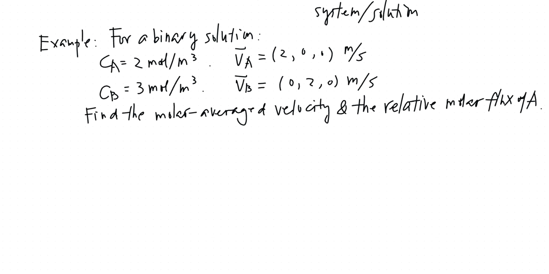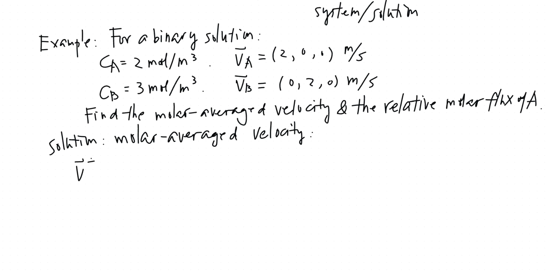V dagger is defined by CA VA plus CB VB divided by C. What is C?